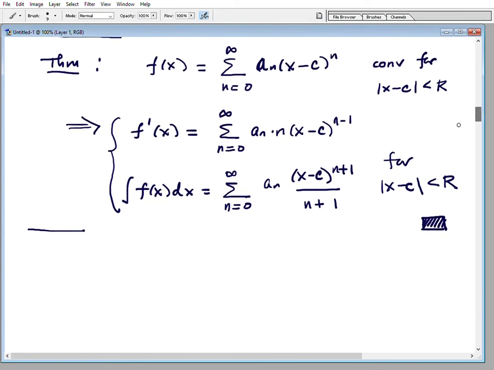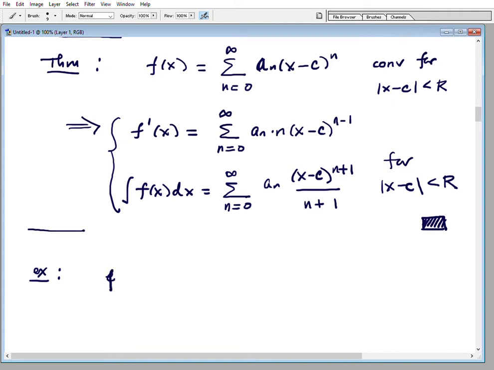Like, let's just look at, for example, we saw a Taylor polynomial for e to the x. So this is what we saw that e to the x looks like. We'll see this later.